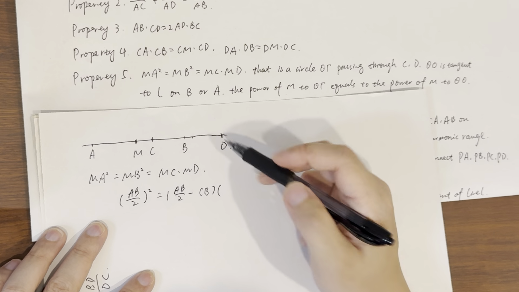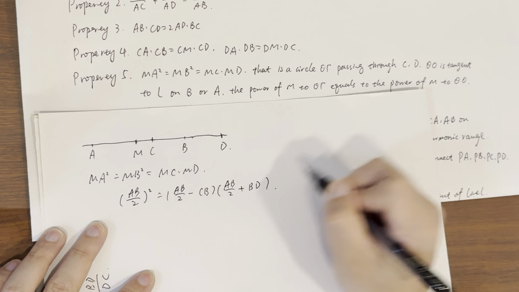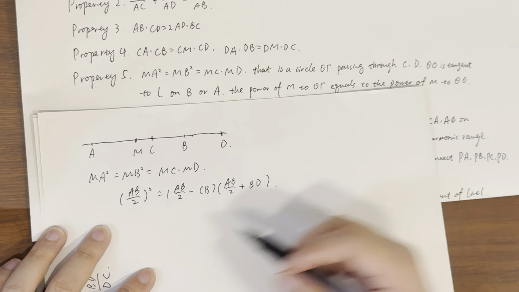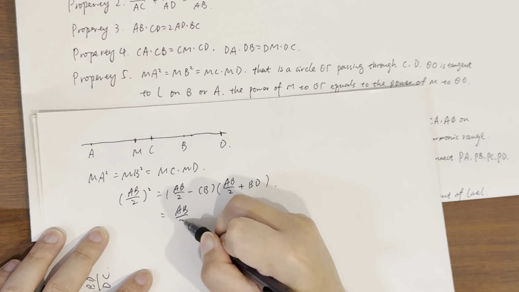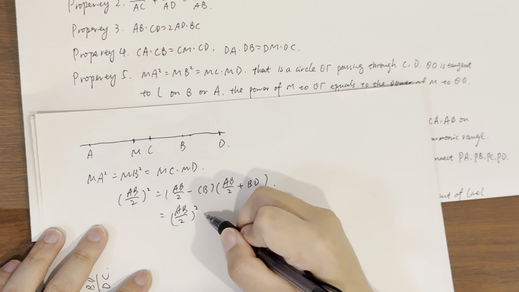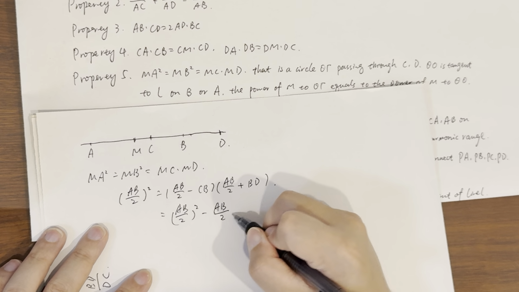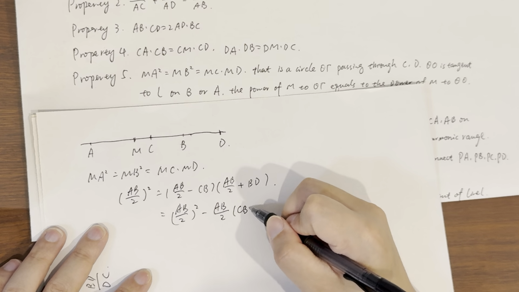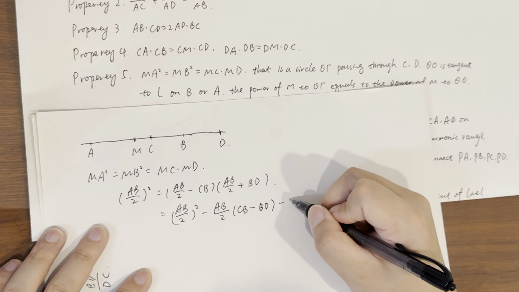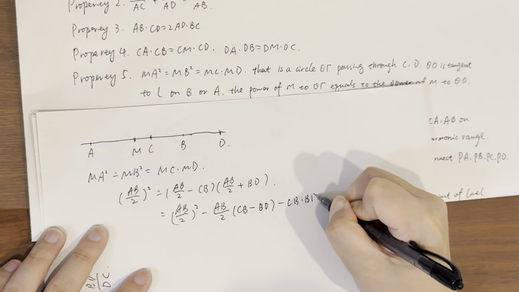And what is MD? MD is half of AB plus BD, right? Half of AB, that's MB, plus BD, that's MD. So it equals (AB divided by 2) squared minus (AB divided by 2) times (CB minus BD) minus CB times BD, right?